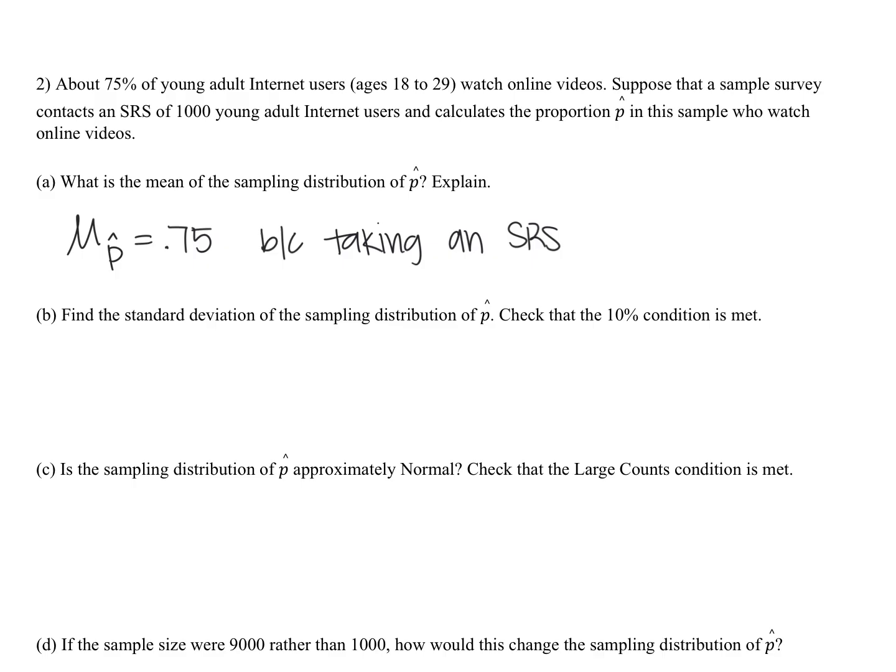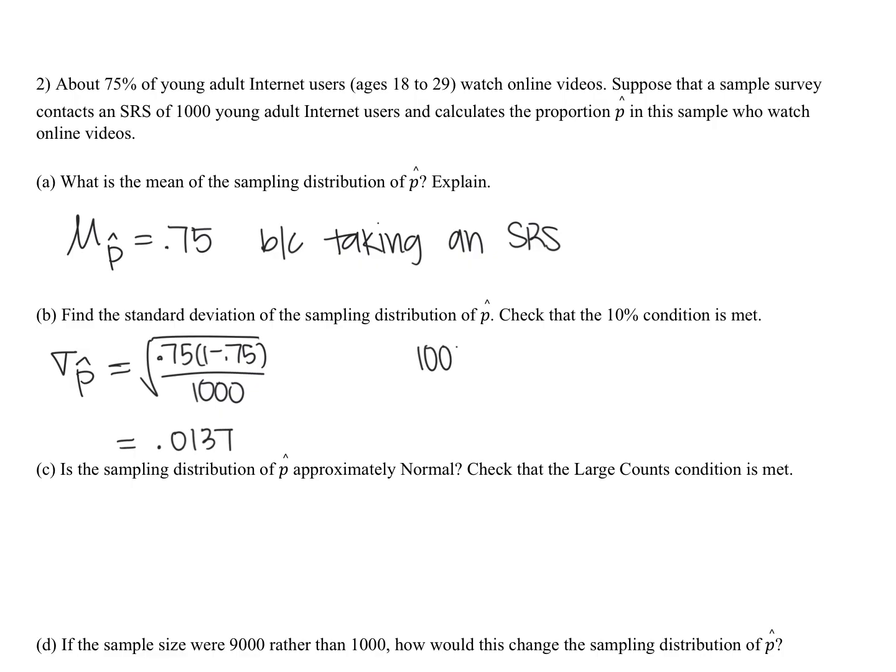And then the standard deviation is going to be the square root of 0.75 times 1 minus 0.75 all over 1,000, which is going to be 0.0137. And then checking our 10% condition.